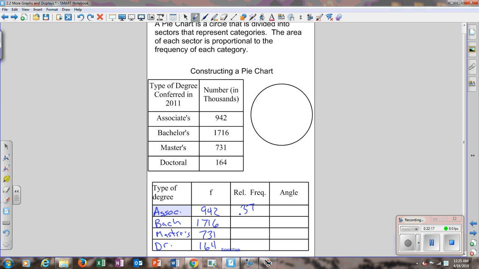Then bachelor's, 1716 divided by 2553. It's going to give you about 67%. And master's should be about 29%. And lastly, doctorates or doctoral, 164 divided by 2553. And it's going to give you 0.06.